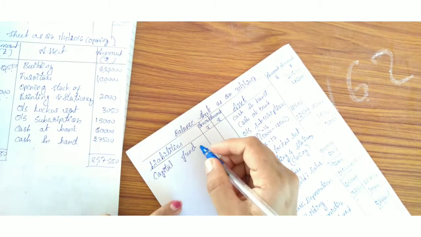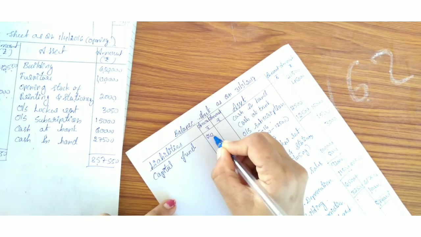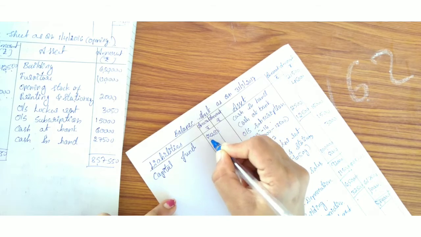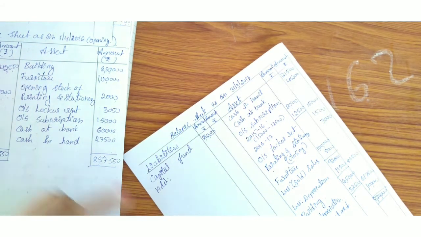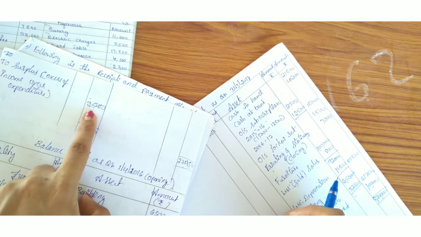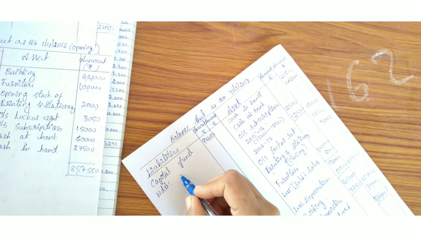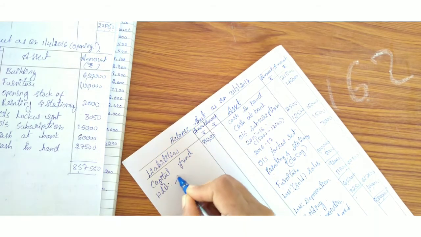Capital fund, how much? 8 lakh. For that we have to make some addition. That's why 8,42,550 rupees in this column. Add the surplus amount. We can observe here surplus amount we have 25,450 rupees, which is calculated from the income and expenditure account. Means by preparing that we got that amount.